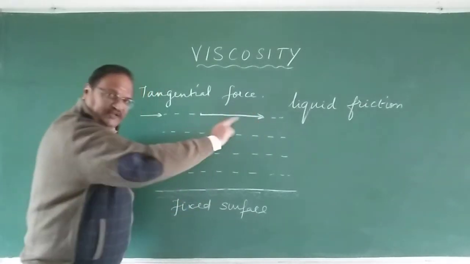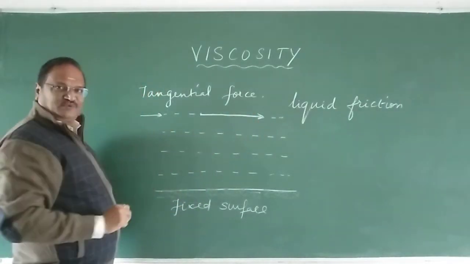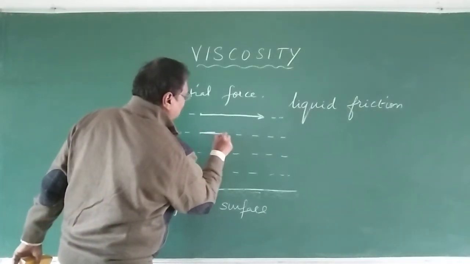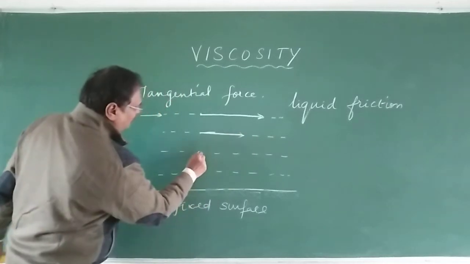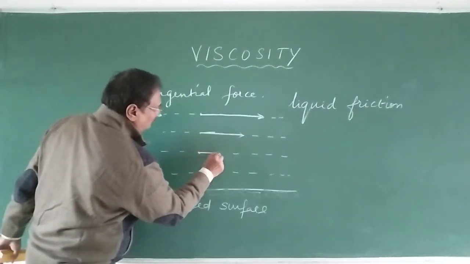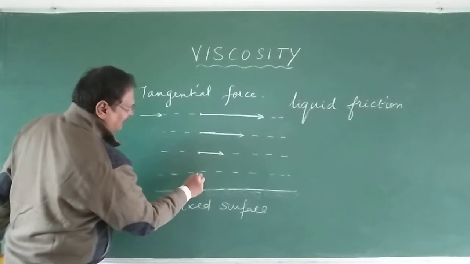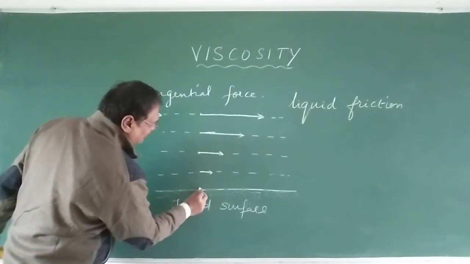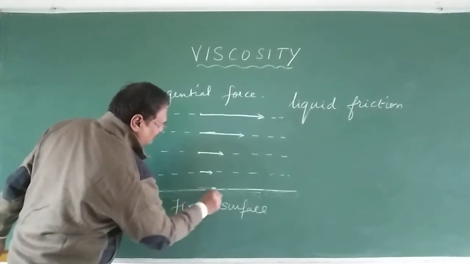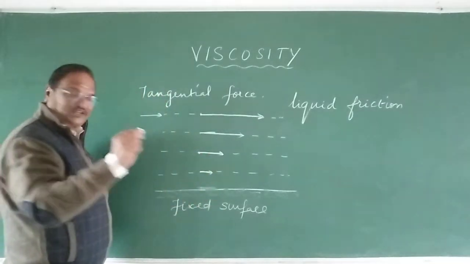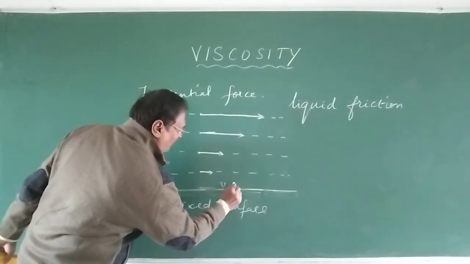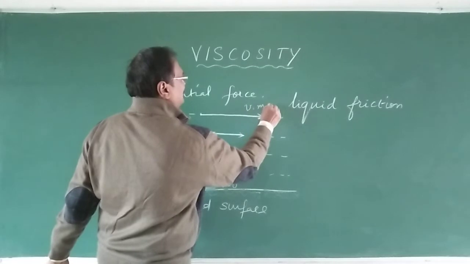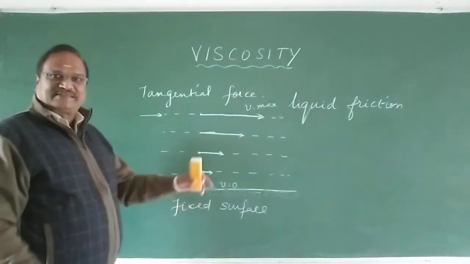Now, when this is moving, the next layer also will move, but it will move a little slower. And what about this layer? This layer also will move like this, and then this layer also will move. But the liquid at the bottom will be at rest, or the velocity at the bottom is 0, and the velocity at the top is maximum.